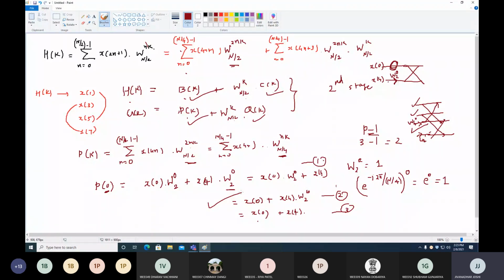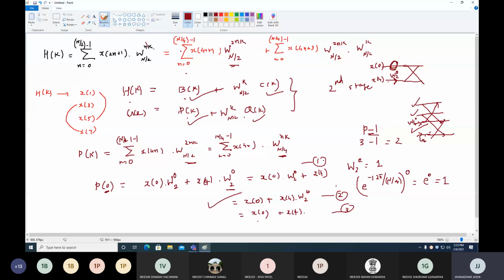If you do x of 0 plus x of 4, or x of 0 plus x of 4 into W2 raised to 0, or x of 0 into W2 raised to 0 plus x of 4, or even a fourth equation, x of 0 into W2 raised to 0 plus x of 4 into W2 raised to 0, which is again equal to square bracket x of 0 plus x of 4 whole into W2 raised to 0, all of these five equations are going to give you the same result, because ultimately W2 raised to 0 is equal to 1.